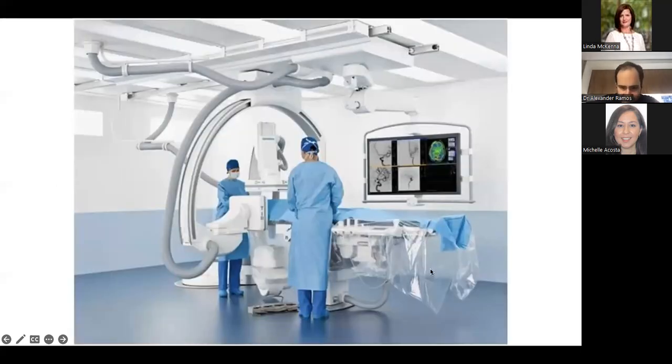So this is what it actually looks like. This is a stock photo, and no suite is obviously this clean, but just so you have an idea, because I know you guys don't often get to see these rooms. This is what's called a biplane angiography machine. There are two X-rays. The patient's head is here, if you can imagine. This is an anesthesiologist; nobody ever actually stands there in real life.